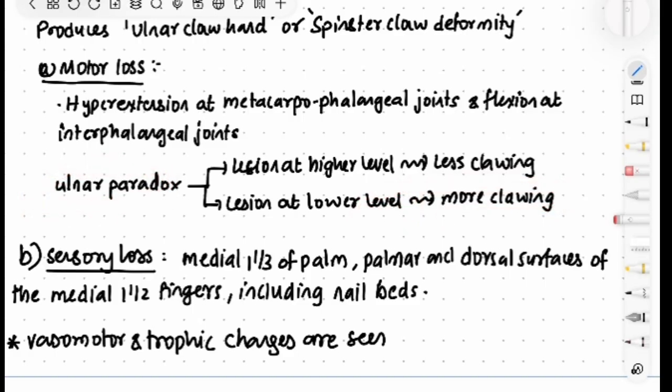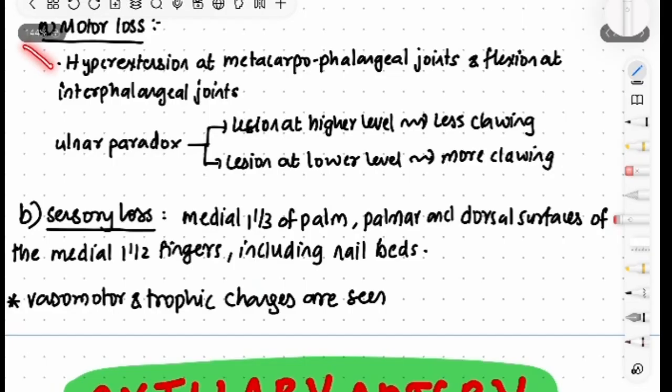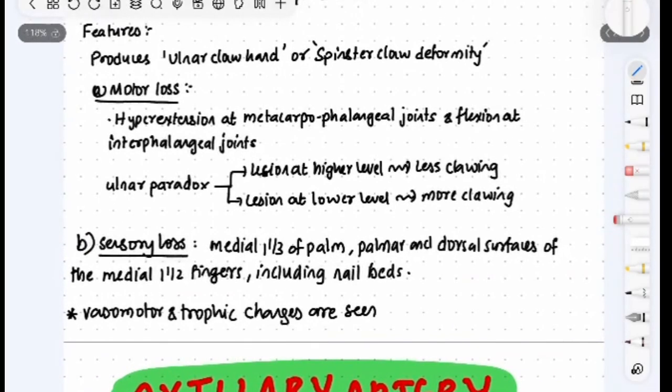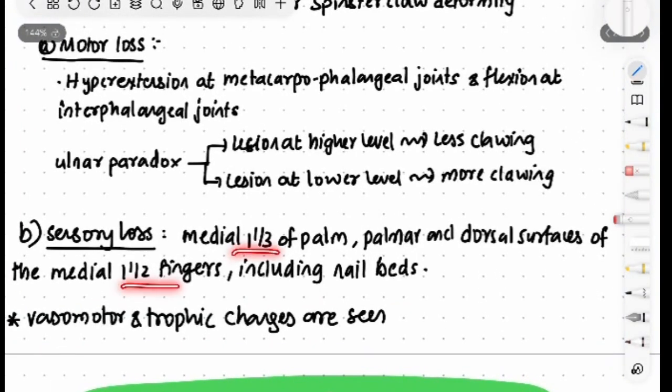Now along with motor loss, there will be sensory loss also. This sensory loss is noticed at the medial one third of palmar and dorsal surfaces of medial 1.5 fingers, including all nail beds. In exam, if you can't remember all these things, the medial one third or medial 1.5, simple trick, just write this line: there will be sensory loss on the palmar and dorsal surfaces of ulnar side.